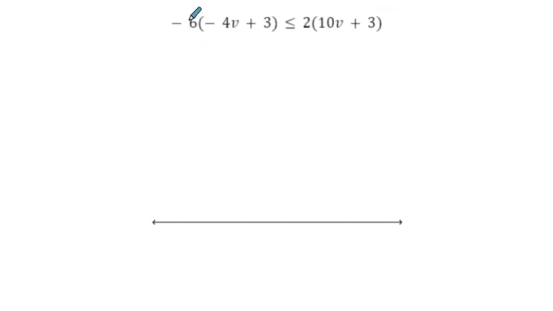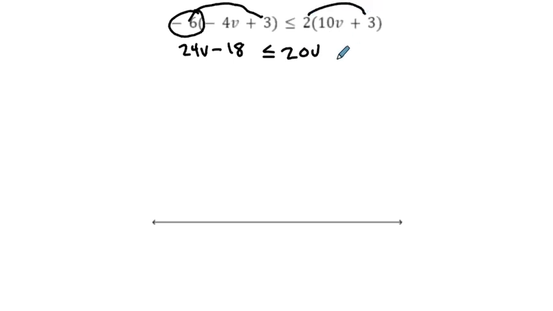So negative 6 times negative 4 is going to give me positive 24, and then let's tack our v on, and then negative 6 times positive 3 gives me negative 18. Now let's do the same thing over here. We've got 2 times 10v is 20v, and then we have 2 times 3, which is plus 6, right? So we have both of our distributions happening.